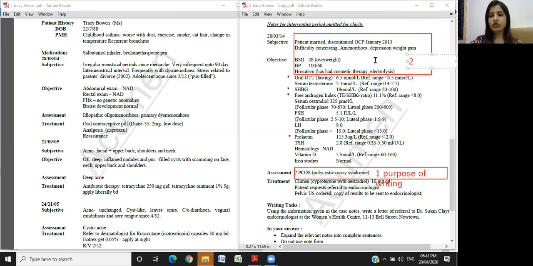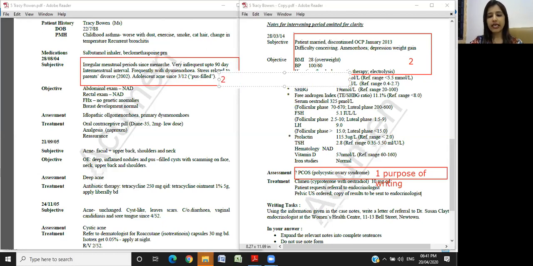Now, if you straight away write about this and if you do not mention that they already have irregular menstrual period, then that wouldn't be appropriate, because in case of PCOS also it starts right from the beginning, right? So you would start your second paragraph by saying that since menarche.